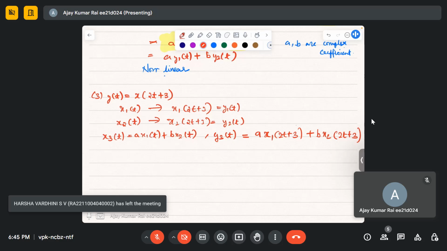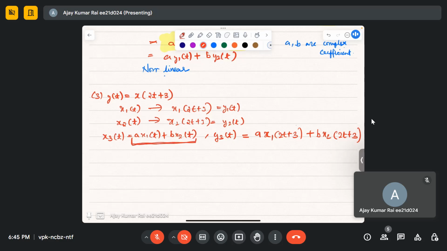I'm giving input as this, and you see the output that I'm getting. Just do it by yourself and see whether this is correct or not.